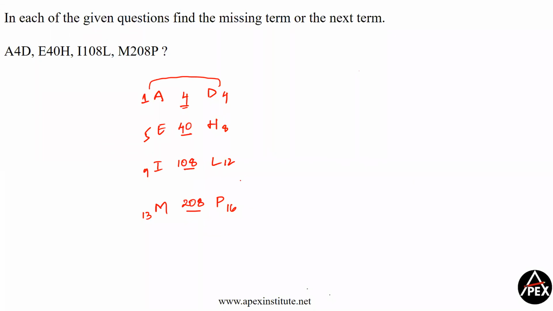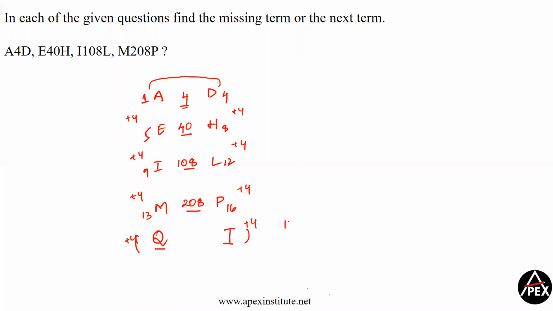So now I can say that the middlemost number is a product of the numbers corresponding to the first and third alphabet. To get this term, we need to find the first alphabet and the third alphabet. So 1 plus 4 is 5, 5 plus 4 is 9, 9 plus 4 is 13. So 13 plus 4 will be 17, and the alphabet corresponding to 17 is Q. Same here, 4 plus 4 is 8, 8 plus 4 is 12, 12 plus 4 is 16.